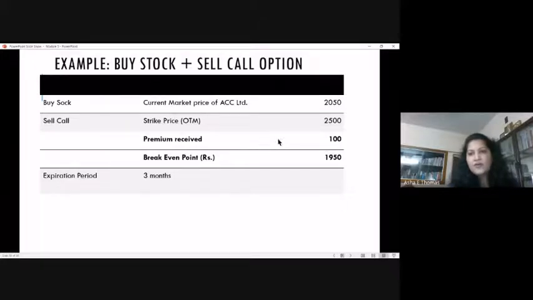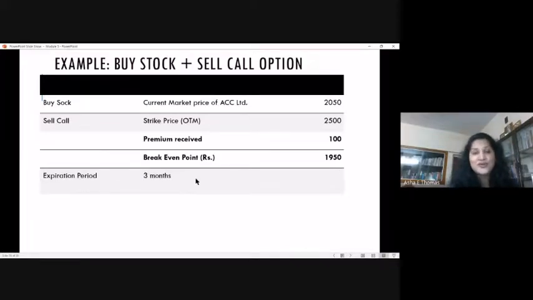The break-even point for him would be 1950, since he received a premium when he sold the call, and if he is able to sell at 2,500, he is earning enough and more profit. Maybe it is more than 500, 550. So that's a good amount for him in a 3 month period.